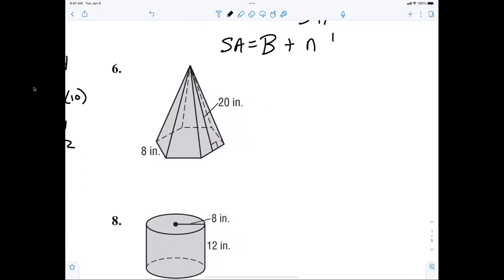So 1/2 base times height times n. Does everybody agree with that? Because 1/2 base times height is the area of a what? And since they are constructed of triangles, we would want to find the area of one triangle and multiply it by the number of sides, correct?